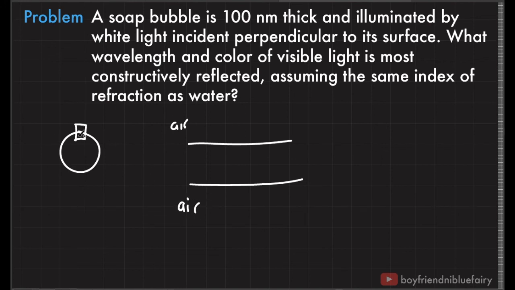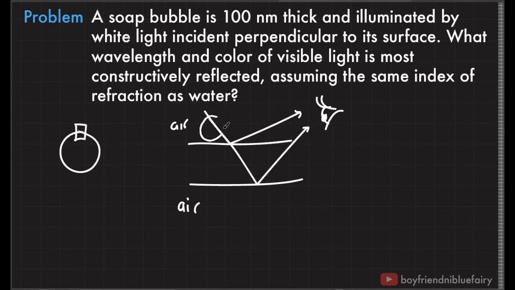molecules, so that the pressure inside and outside are almost the same and the bubble will not burst. Again, if this is the eye of the observer, some of the incident light will be reflected at the outer surface of the film, and some of the light will pass through this boundary, but upon hitting the inner boundary of the film, it's also reflected. Before reaching our eyes, it produces an interference with ray 1.